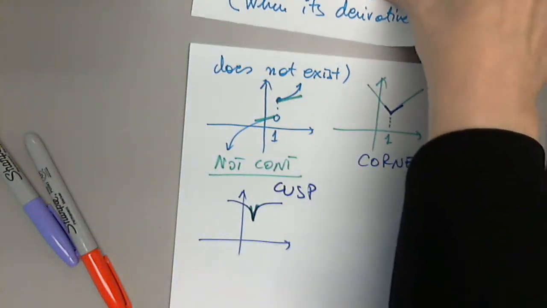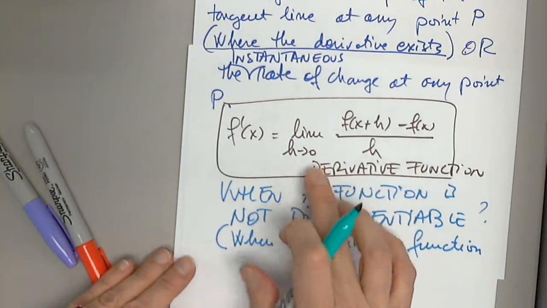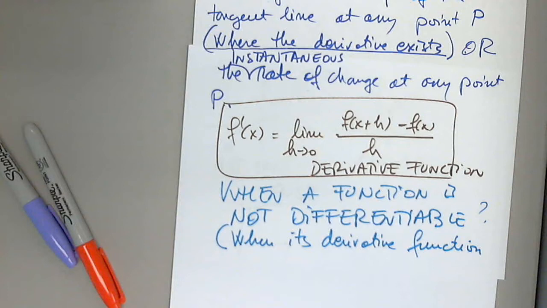What does that mean? Let's come back here for 1 second. When does this limit exist? When h approaches 0 from either side, if the limit from the left of 0 and the limit from the right of 0 are the same. But the limit from the left will give us one tangent, and the limit from the right will give us another tangent. So the limit from either side will not exist.